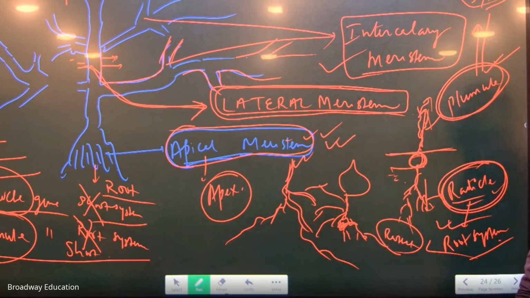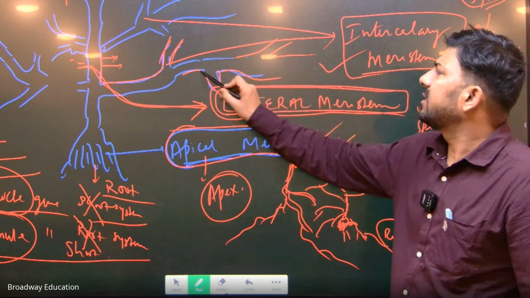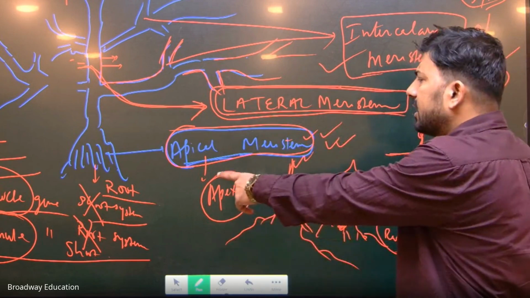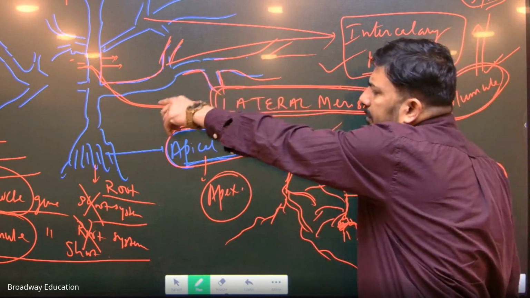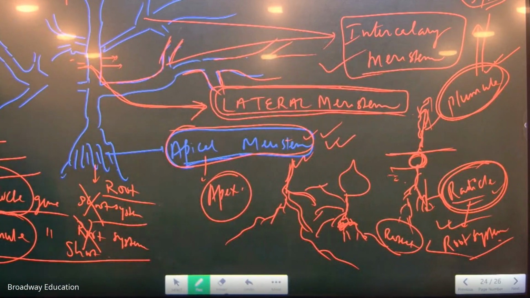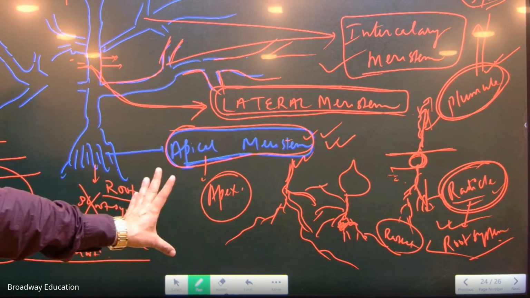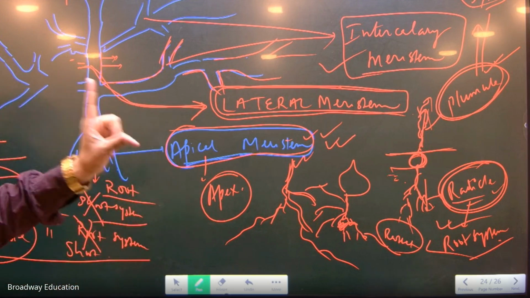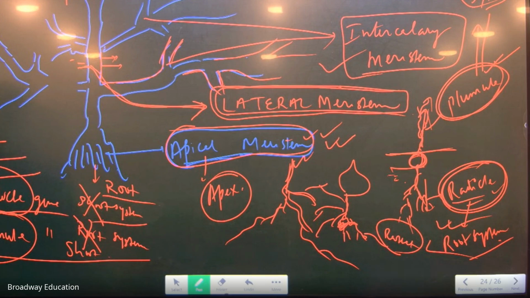And the third one we call intercalary, which are present at the branch, between the branches, or you can say internodes, which are responsible for the branch elongations. They can be called intercalary. Is this part clear? Yes, no. So these are the three categories of the meristematic tissues. This is clear.